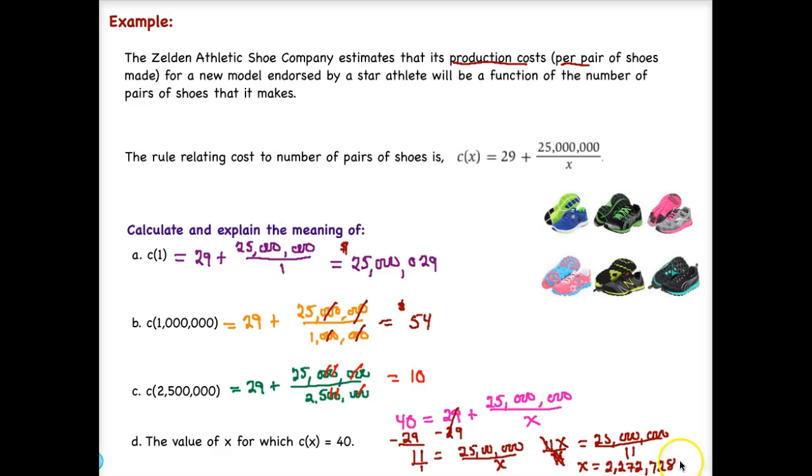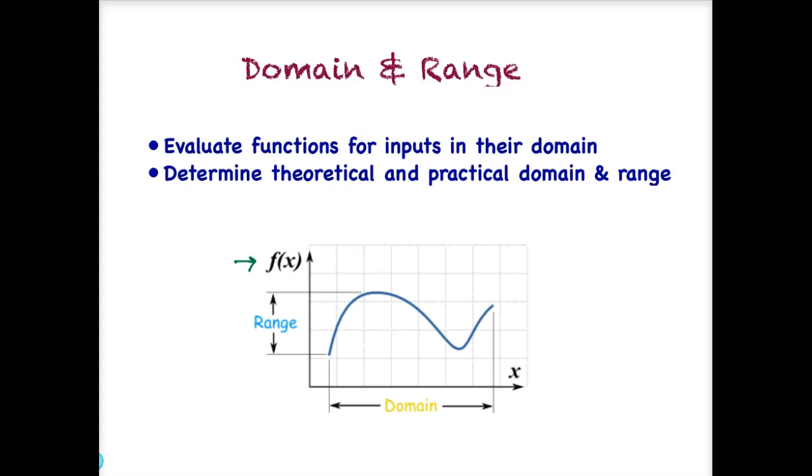This then would be how many pairs of shoes I would need to produce in order to get a cost per shoe of $40. And as you can see, 2.2 million approximately is between the 1 million and the 2.5 million. And this concludes our lesson today on domain and range as it relates to function notation.